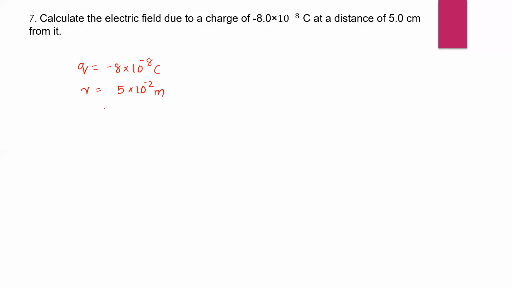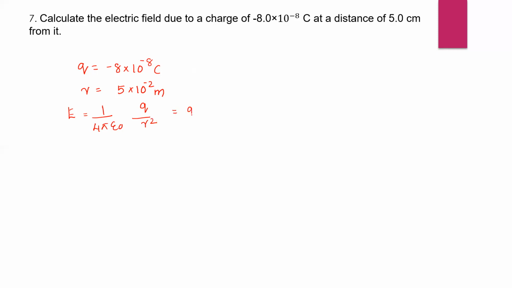Calculate the electric field due to a charge. Electric field formula we know. E is equal to 1 by 4 pi epsilon 0 Q by R square.